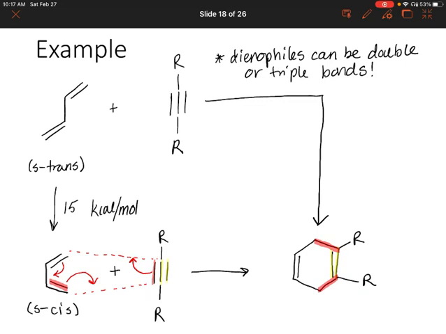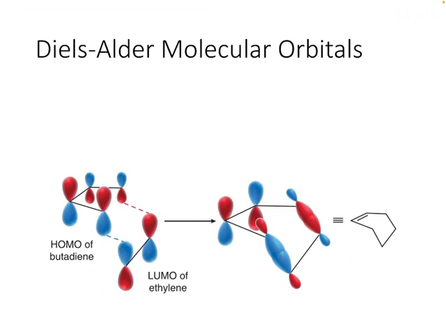Okay, so let's look at the molecular orbitals for this type of reaction. So remember, in a previous lecture, we talked about how conjugated pi systems can have different molecular orbitals depending on how the p orbitals line up.